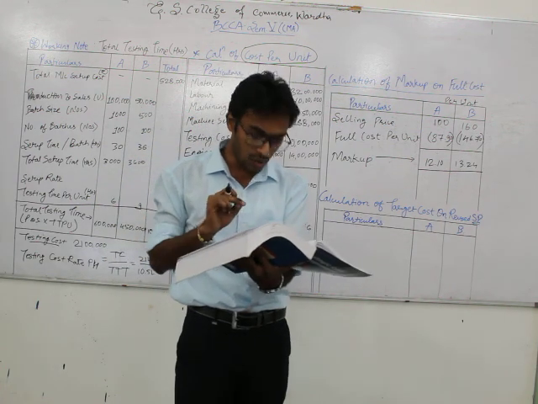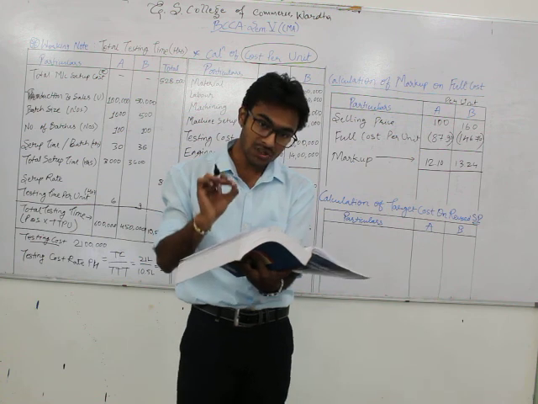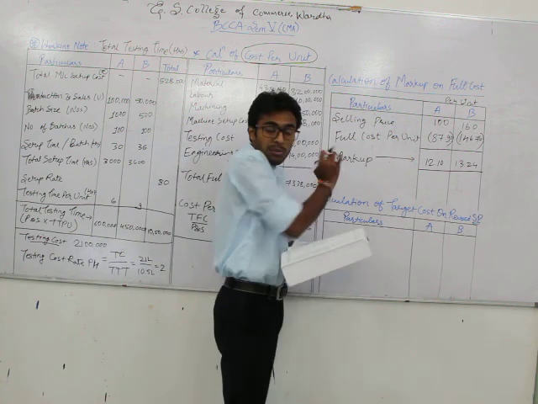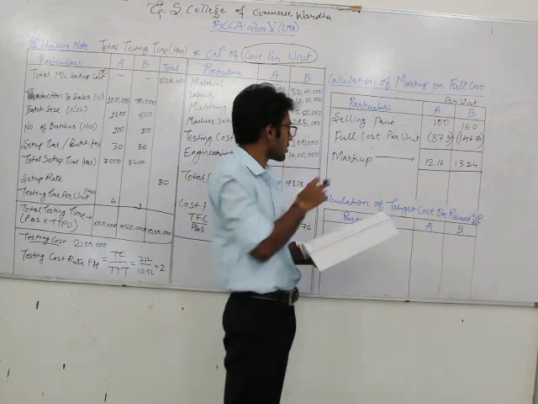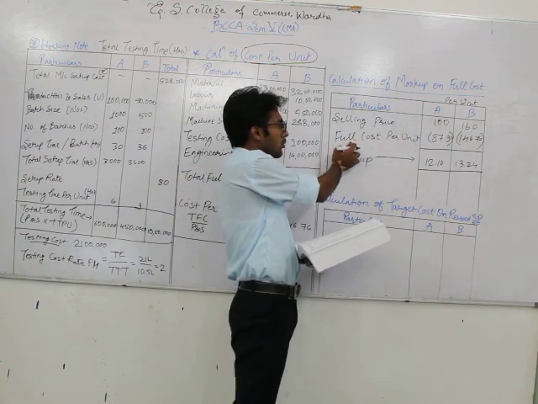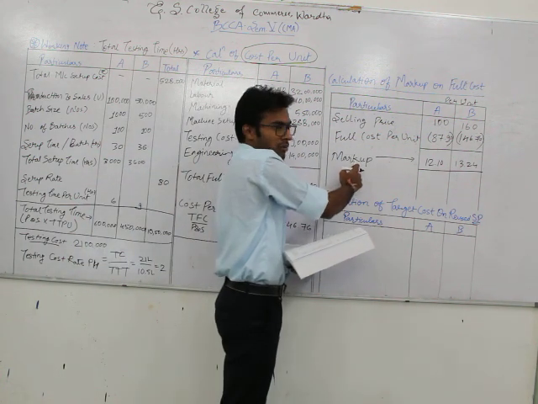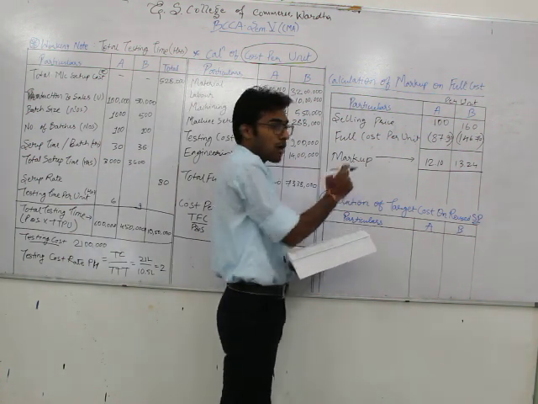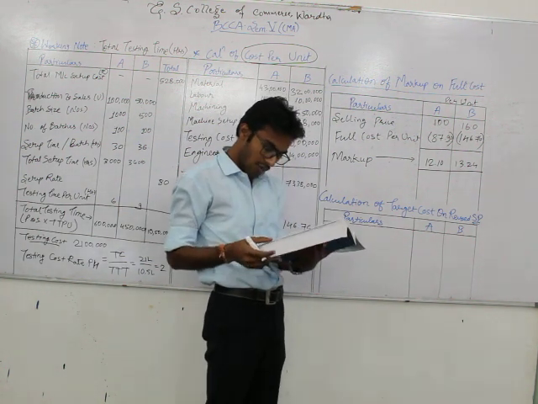You are required to work out the percentage of markup, not markup but percentage of markup. So percentage of markup on full cost. So we have calculated full cost from this column, and we have calculated markup, and now we are going to calculate percentage of markup. So how can we calculate that?